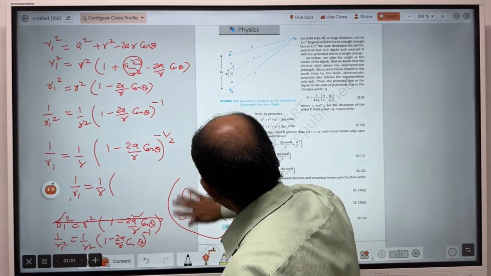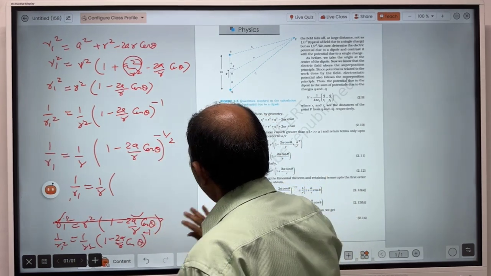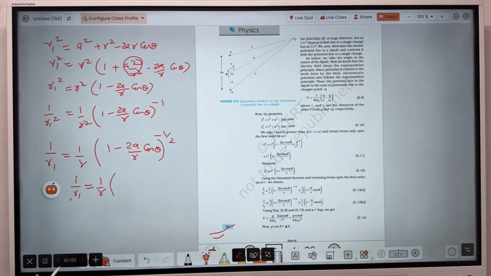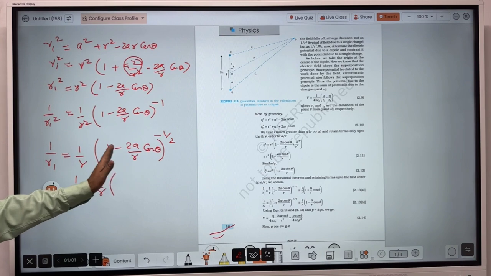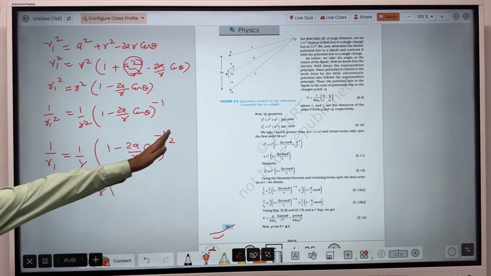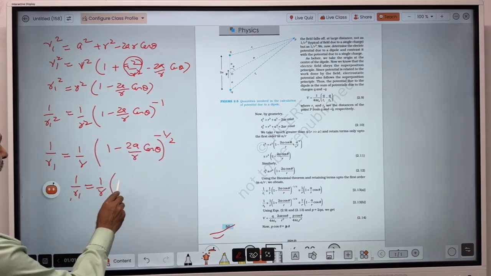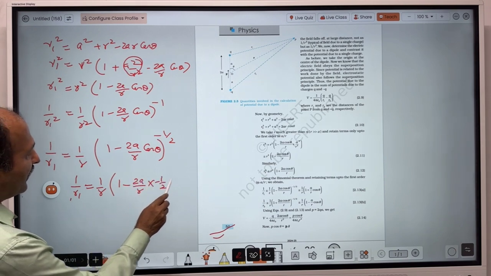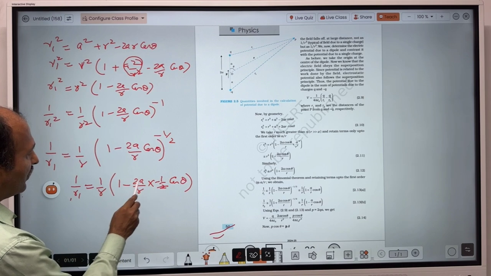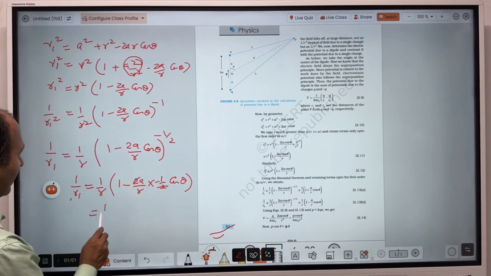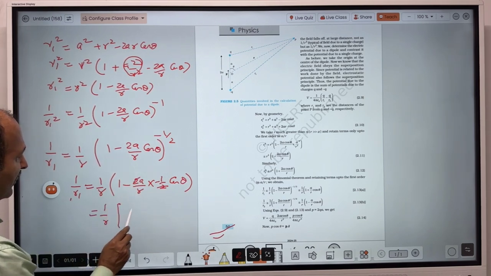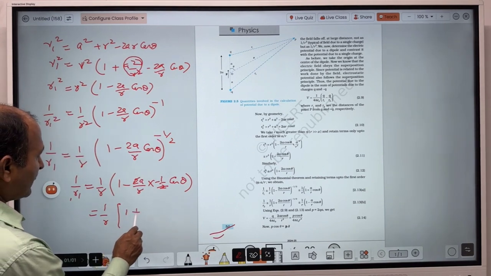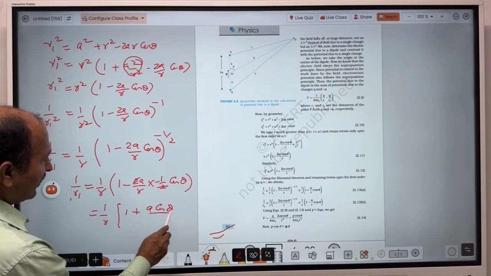So here, if we apply the same concept, 1 plus x power n becomes 1 plus nx. So 1 by 2 will get multiplied here. So this will become 1 minus 2a upon r multiplied by minus half cos theta. 2 will cancel out, and you will be left with 1 upon r times 1 plus a cos theta upon r.